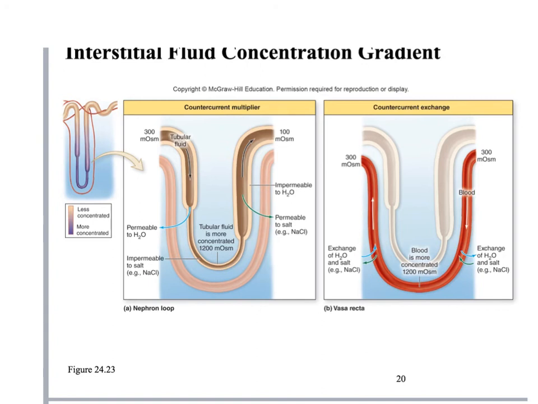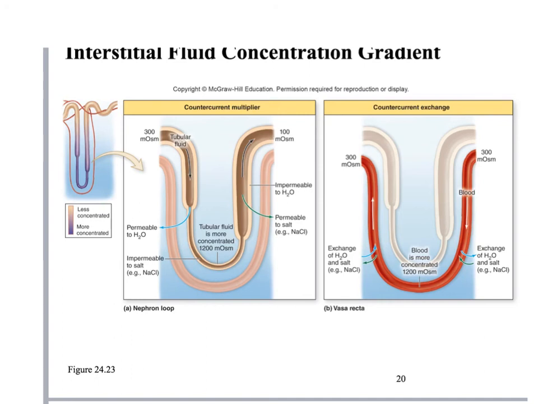The structure of the nephron loop is the first important part. We talked about channels and the production of channels and those molecules that are present to move things in and out. If they're not there, things don't move. More of them, more movement. Less of them, less movement. Well, the loop of Henle, the nephron loop, is important in this process, and it is because of the channels that are present in these two areas.